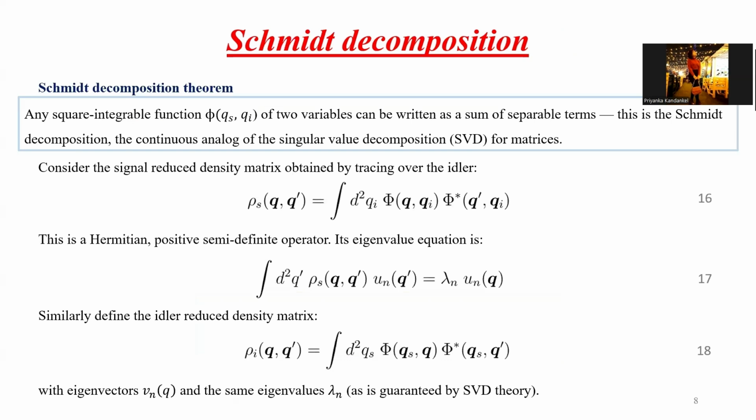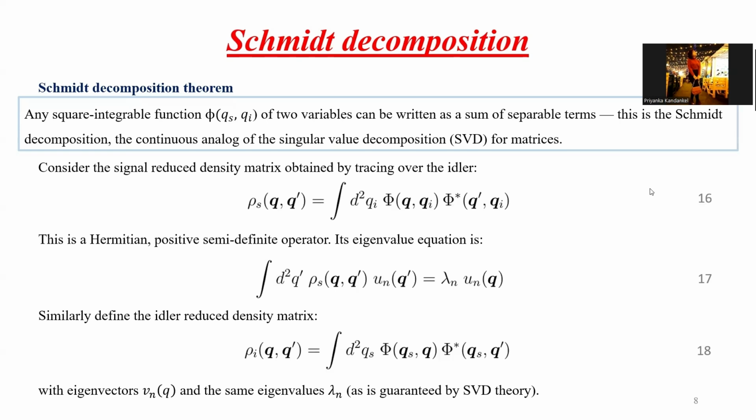Now we come to the most powerful mathematical tool in the paper, the Schmidt decomposition. Think of it as a quantum analog of singular value decomposition, but for the joint wave function of two photons. The Schmidt decomposition theorem states that any square integrable function, phi of qs and qi, of the two variables can be written as a sum of separable terms. To find these terms, we first construct the signal reduced density matrix by tracing out the idler, or integrating over the idler degree of freedom.